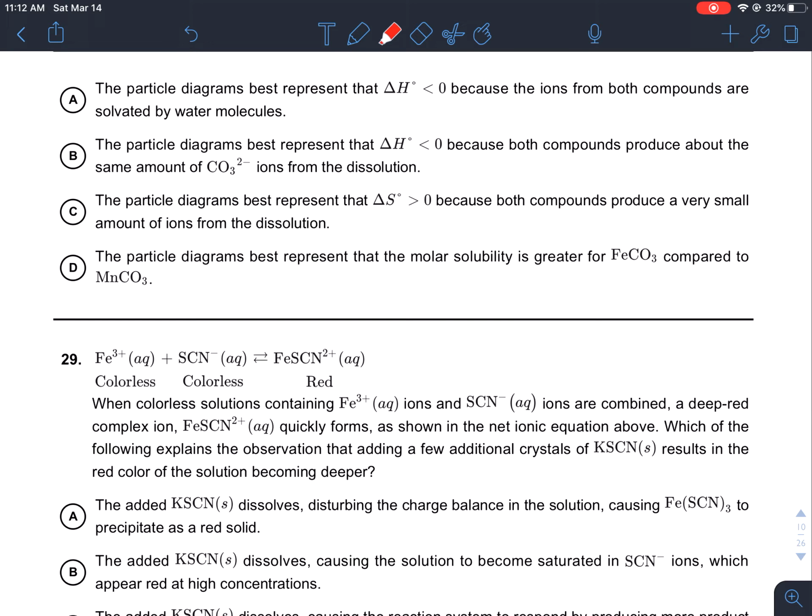All right, number 29. When a colorless solution containing Fe3+ and SCN- ions are combined, a deep red complex FeSCN2+ quickly forms, as shown in the net ionic equation above. Which of the following explains the observation that adding a few additional crystals of KSCN results in the red color of the solution becoming deeper?